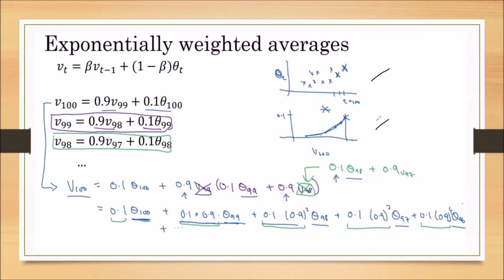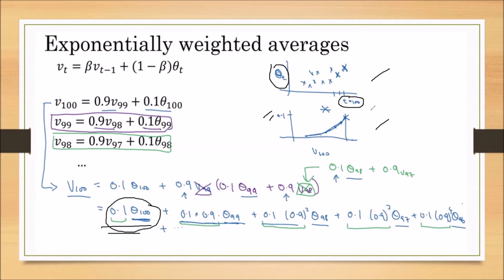Remember, we have taken two graphs here. On the first graph, the x-axis is the number of days and the y-axis is the day-wise temperature. On the second graph, we have simply taken V100, and on the y-axis the value 0.1. First I am representing the first expression, 0.1 theta 100.